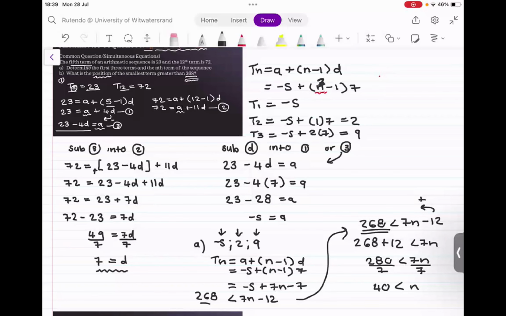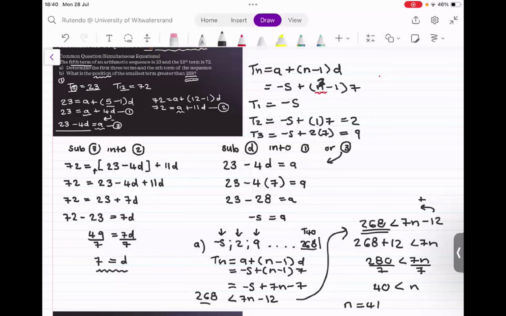Our term goes all the way to 268 at n equals 40. But they asked, what is the position where the smallest term is greater than 268? So here my smallest term is 268, but it's not greater than 268. And so that means my n has to be 41, so that whatever the next term is, it is greater than 268.